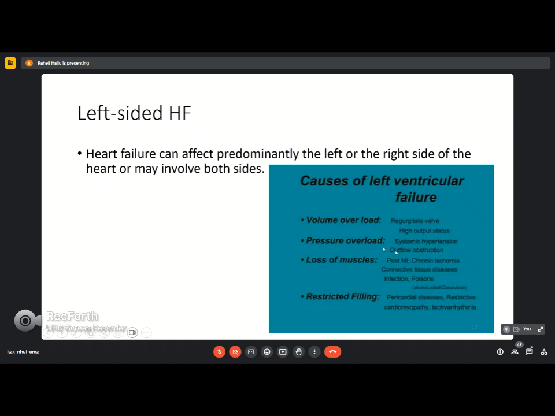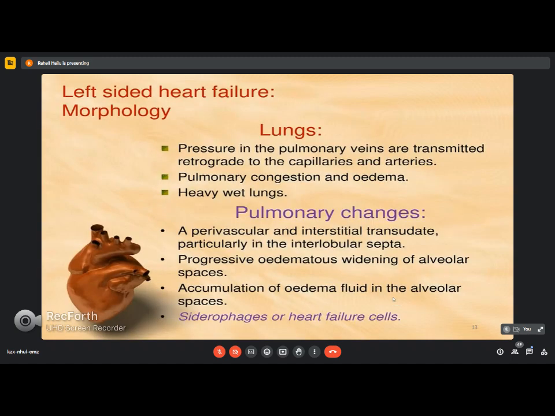Pressure overload, systemic hypertension, or outflow obstruction due to aortic stenosis can result in left ventricular failure. Also the loss of muscle as a result of ischemia can result in it. Restricted filling, pericardial effusions, cardiomyopathy, which we'll see later on, and tachyarrhythmias can also result in left ventricular failure.